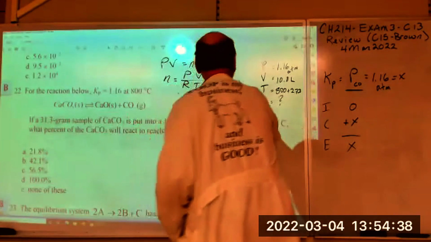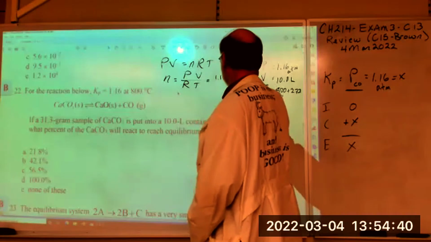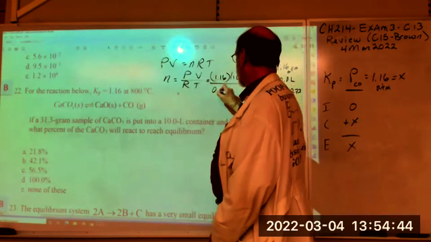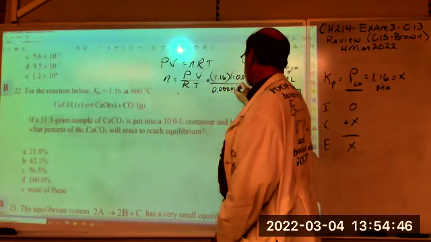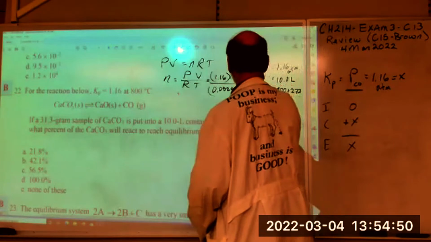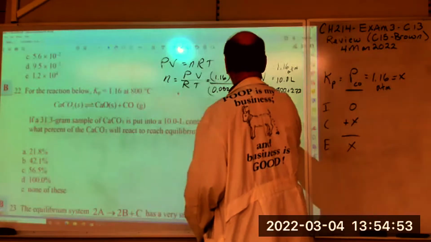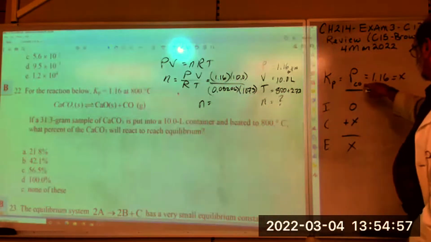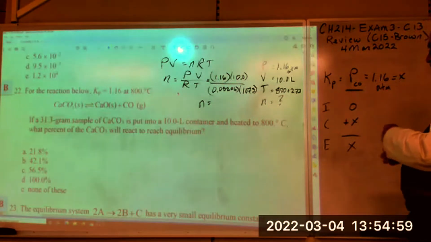So pressure is 1.16 atmospheres. Volume is 10 liters. R is 0.08206. And temperature is 1073. That'll give us the number of moles of carbon monoxide produced.